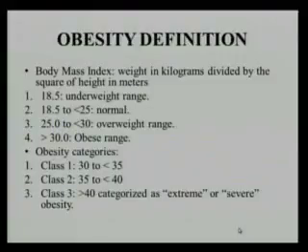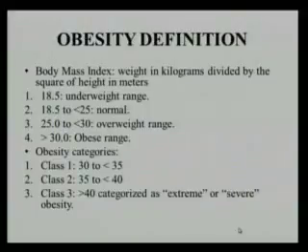So BMI 18.5 or less, we call underweight. 18.5 to 25, we call normal. 25 to 30 is overweight. More than 30 is obesity. And a lot of people classify obesity into class 1, 2, or 3.